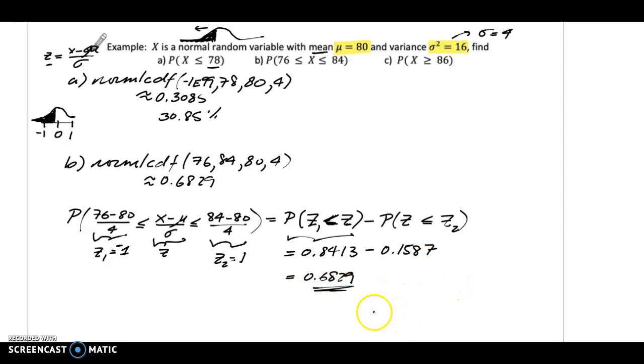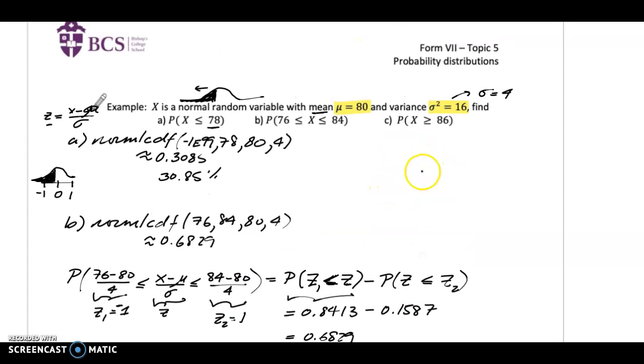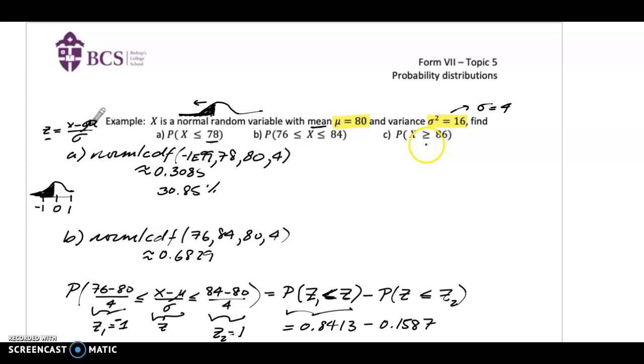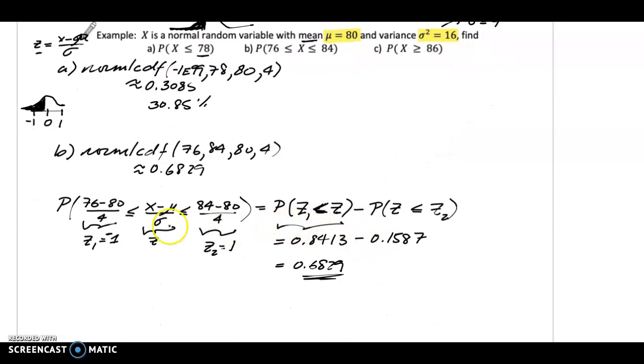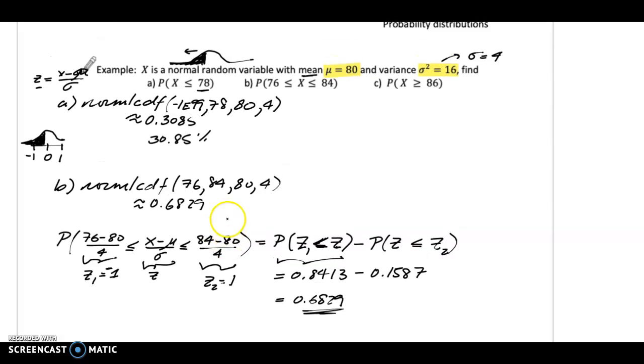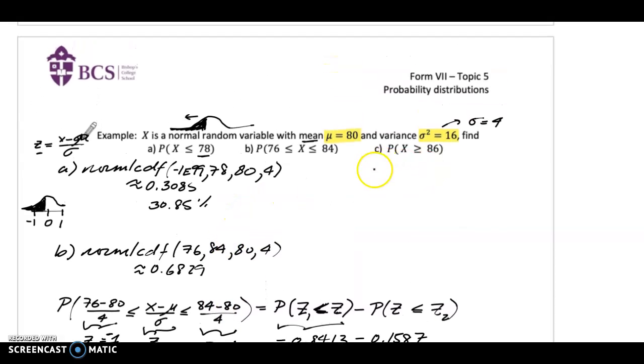Right? So that's the idea of how you can actually use this, and we'll do it one more time with this one to give you a better idea, because sometimes you actually do need to convert these, but not always. So the idea here is x in this case is greater than 86. You could just convert this into z, but we've seen already that you don't have to. As long as you're given the mean of 80 and your variance, you're going to be fine.